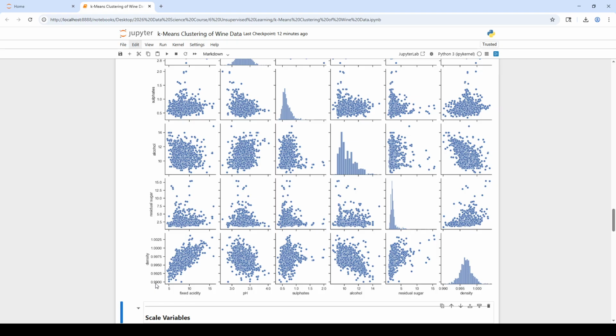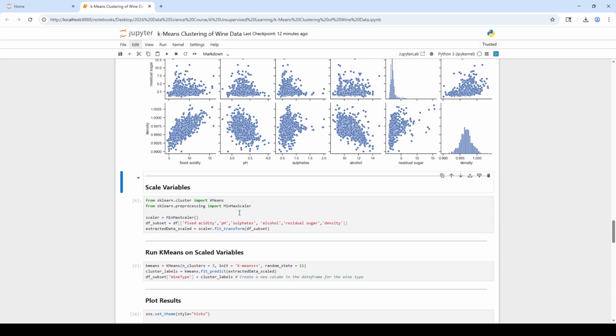And so perhaps instead of dealing with this as just one group of points, we can break this data set up into 2 or 3 clusters, and each of the clusters would of course be restricted to a narrow range of alcohol content, sulfate content, sugar content, and density. So let's go ahead and do that.